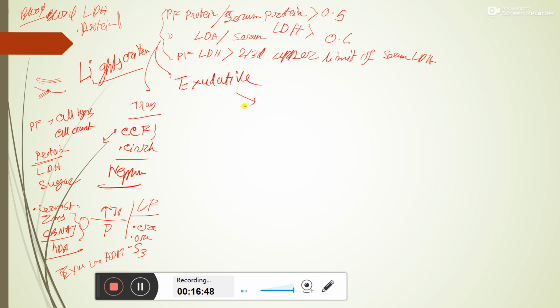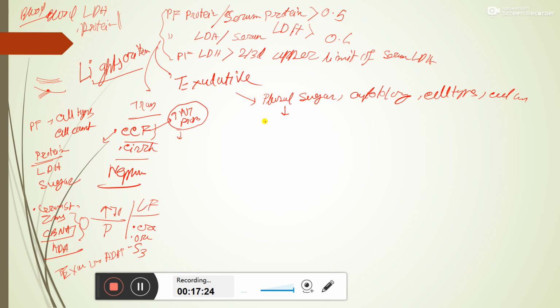If exudative effusion is there, then we will check for pleural sugar level, cytology, cell types, and cell count. Another thing I want to tell: in CCF, the NT-proBNP value of pleural fluid is also raised. So if we suspect CCF, we may send the NT-proBNP value also.